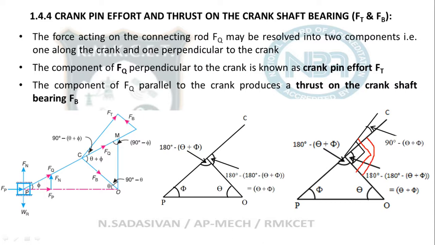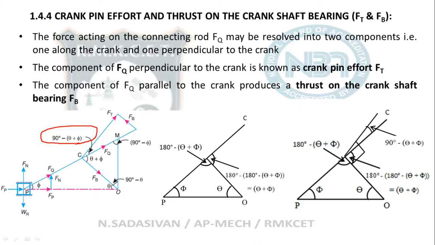The entire thing is 90. Therefore this is 90 minus (theta plus phi). That is the entire idea of explaining how this 90 minus (theta plus phi) came. Just to make it clear how that angle came here, I have given some intermediate diagrams. Just remember that angle.